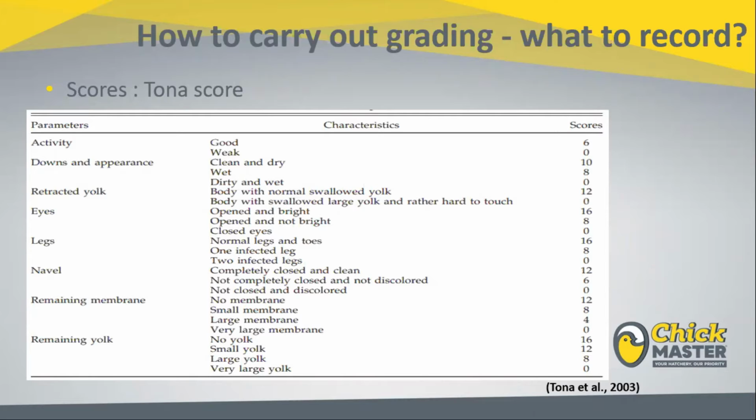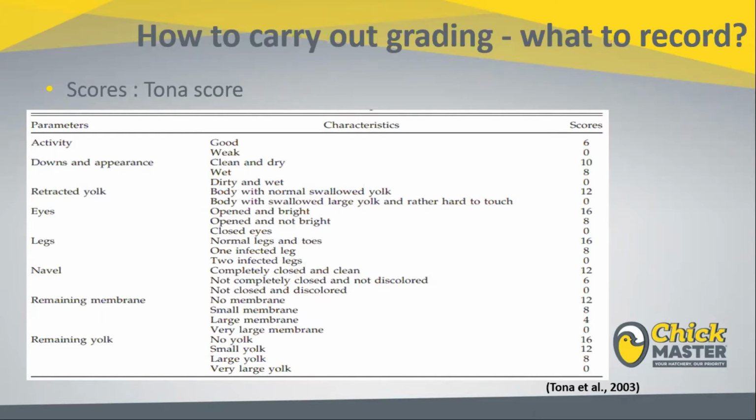For the TONA or the PASGA score, we have more or less the same parameters to evaluate. They evaluate the activity and the physical appearance of the chick, including the legs, the beak, the eyes, the navel, and the abdomen.